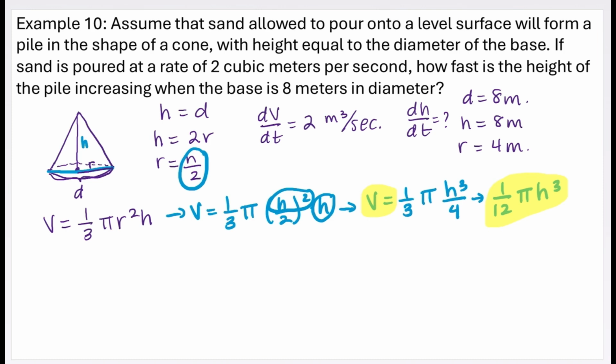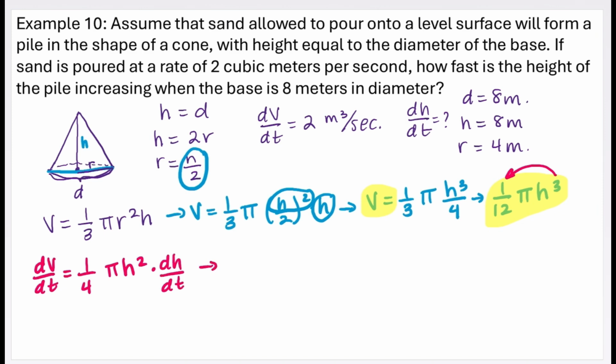All right, so let's take the derivative of this formula with respect to t. So I'm taking the d/dt of both sides. So I'll have dV dt is equal to, I'm going to do 3 times 1/12, which will be 3/12 or 1/4, pi h squared times dh over dt.